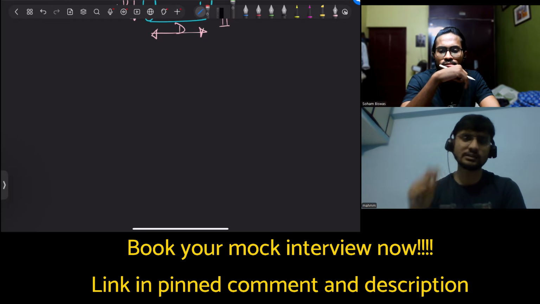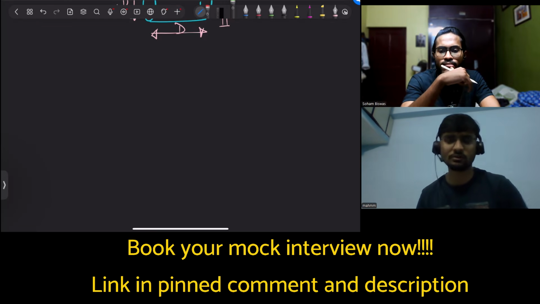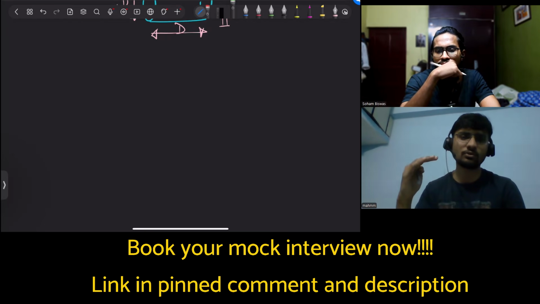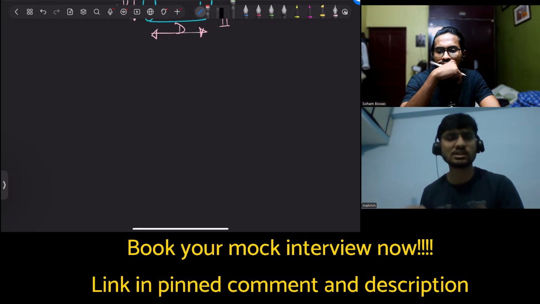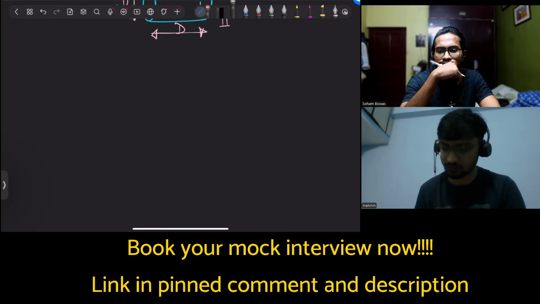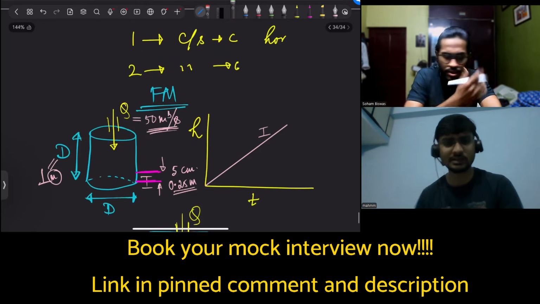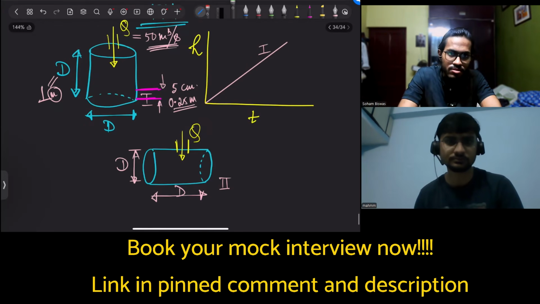When the height increases, the flow coming out from the tank will increase. So the ultimate flow will reduce with time. The Q in minus Q out will decrease as the height increases.